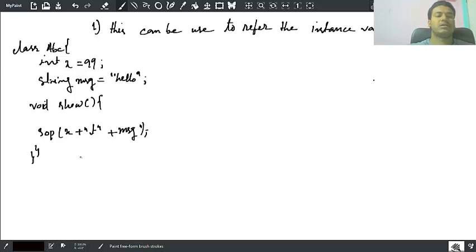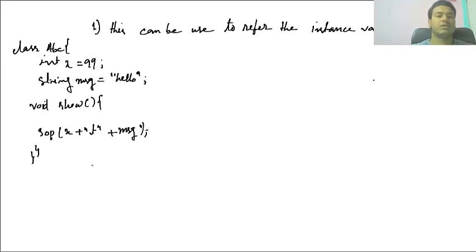So this is the class ABC, and I have class, say, Test. Inside the Test I have the main method, and inside main I'll create an object of ABC and I want to call the show method, right?